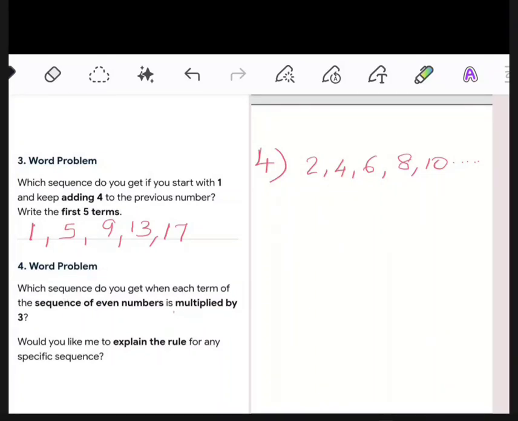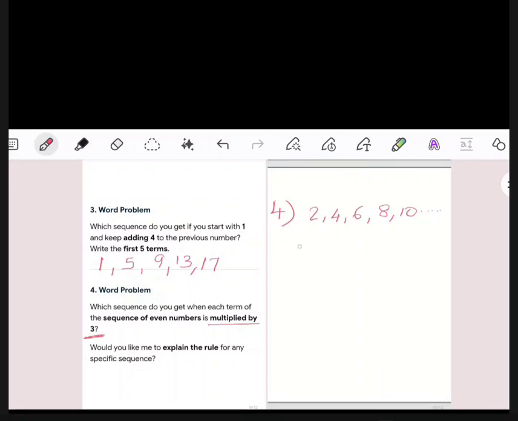First number 2, 2 into 3, that is 6. Next even number 4, 4 into 3, that is 12. Next even number 6, 6 into 3, that is 18.